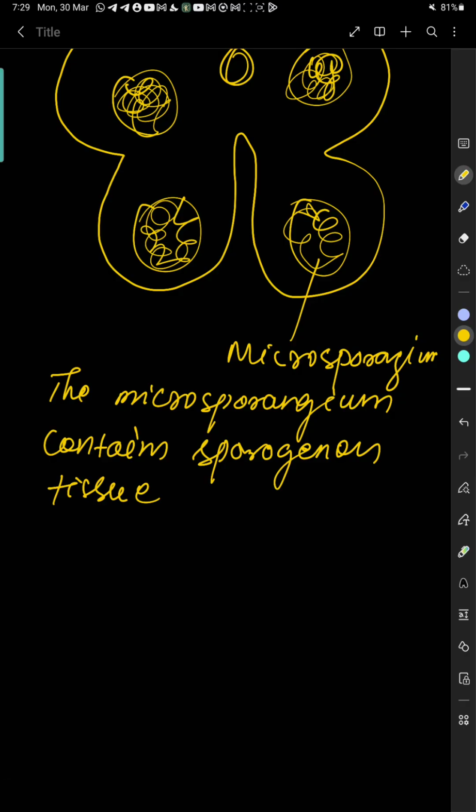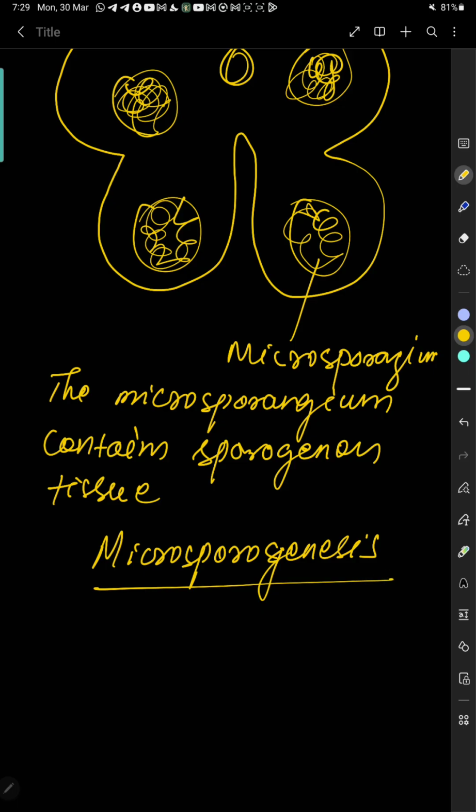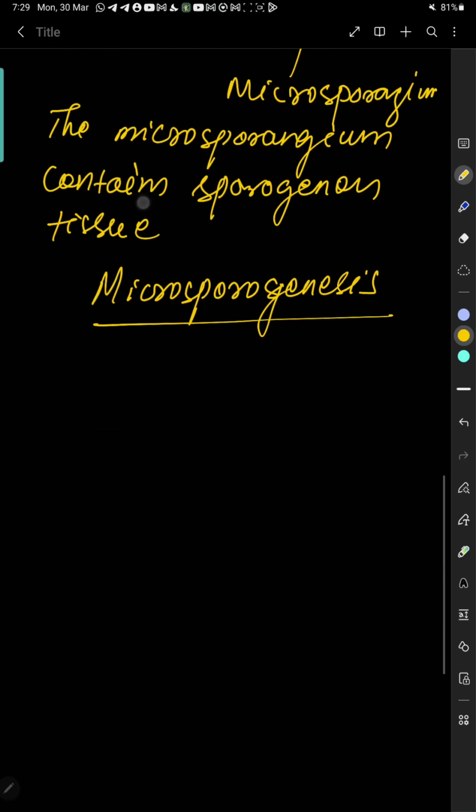Now this microsporangium that contains the sporogenous tissue, the cells of the sporogenous tissue undergo microsporogenesis. So now let us discuss the process of microsporogenesis. Go on writing, children.